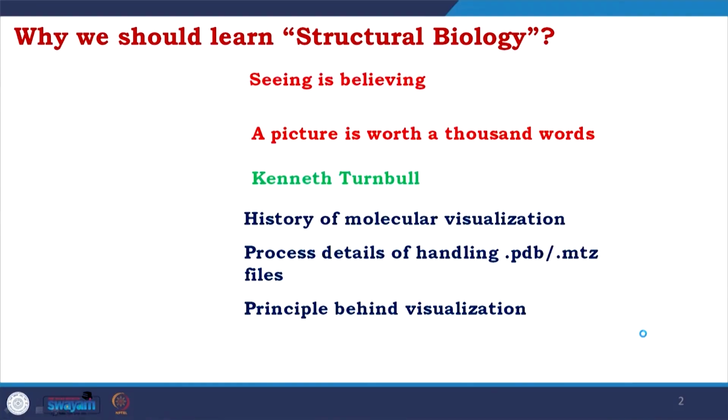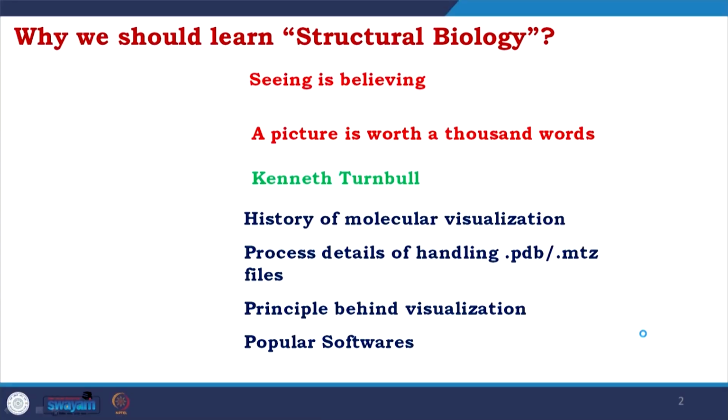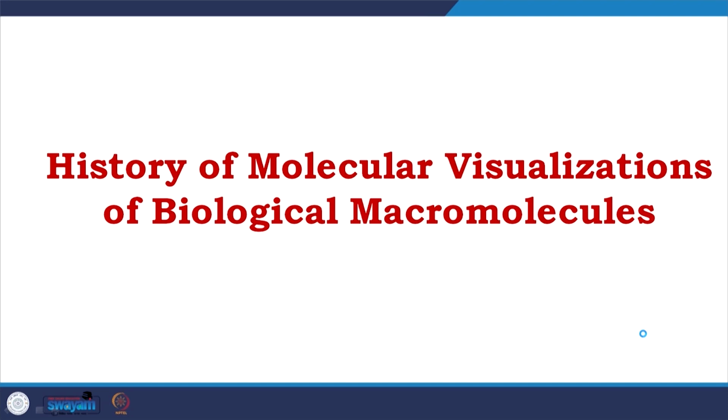Then we will talk about the principle behind visualization, what types of analysis we do and what impact they have on applications, and then we will discuss popular softwares like Coot and PyMOL. Why Coot and PyMOL, I will describe that also. So, let us welcome to the history of molecular visualization of biological macromolecules.